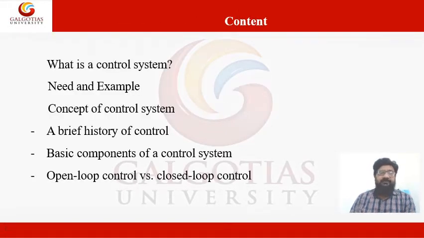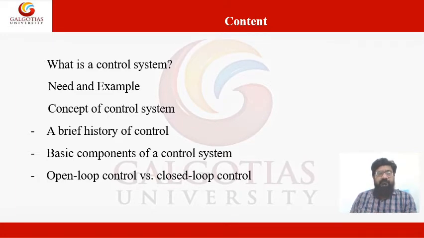First we will tell what a control system is. Then we will talk about why we need control systems. And we will talk about examples in nature, in industry, and wherever we find examples, we will put forth to you. Then we will briefly discuss the concept of control system, the main fundamentals of input and output.